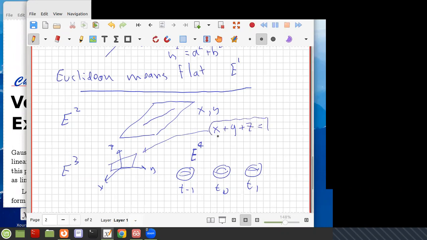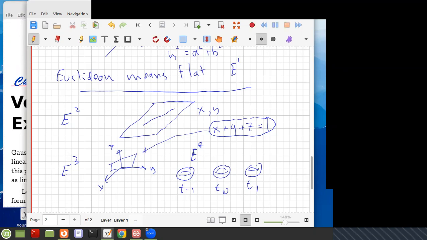A linear equation in 3 variables chops out one of the variables, and you're left with a plane. If you ask for all the X, Y, Z triples of numbers that satisfy this equation, they'd fill out a plane in this space.